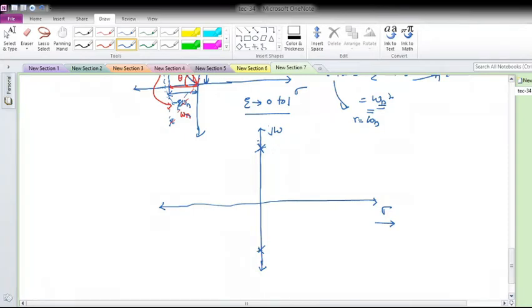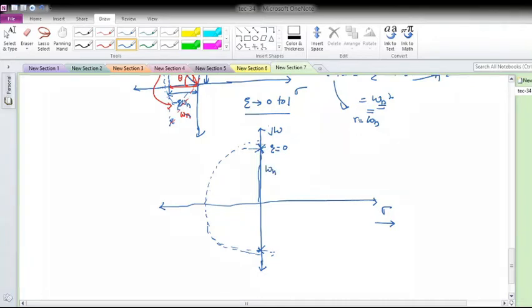This situation occurs only when the damping factor zeta is equal to 0. Now let me draw a circle with this much as my radius, not properly drawn, but assume that it is a circle, and the radius will be omega n.